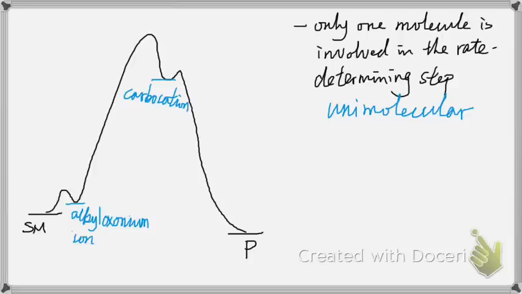On the reactant side of that step, we have only the alkyl oxonium ion. So only one molecule is involved in the rate-determining step. So the reaction will be a unimolecular reaction, which means only one molecule is involved. Uni means one.